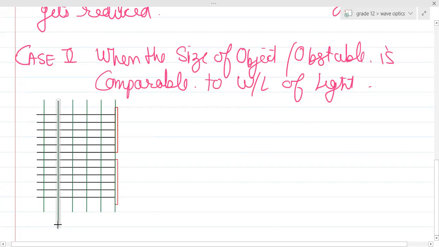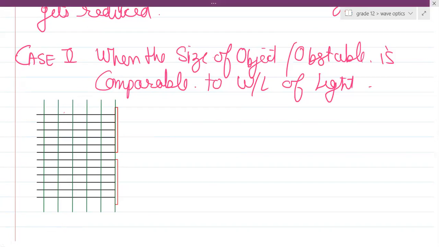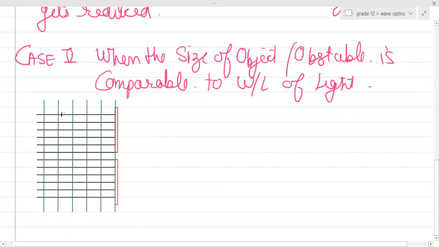The green one is basically the plane wavefronts, and the black ones are basically the rays. So can you see the light rays were going like this? Many light rays were going like this, right? Yes or no? Most of them were getting blocked, but can you see only those rays which pass through that small slit will fall over here, right?